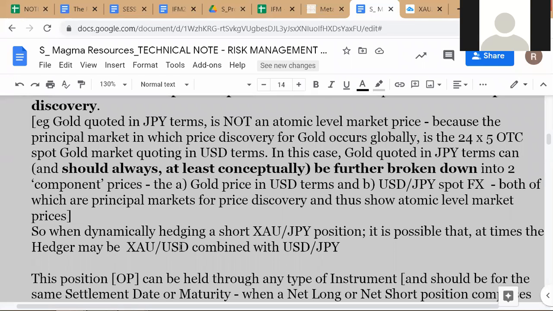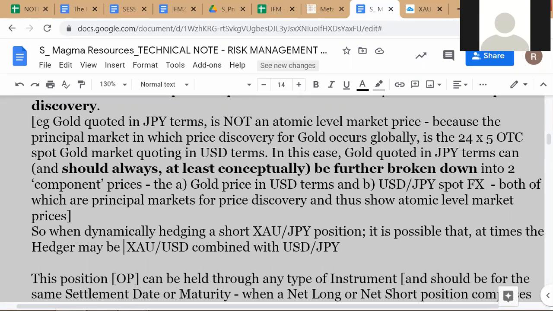Okay, so that's why you see the long here. Your short XAU comes from here, and obviously if you're short XAU, you have to be long USD, and this long USD will cross out against the short USD here.